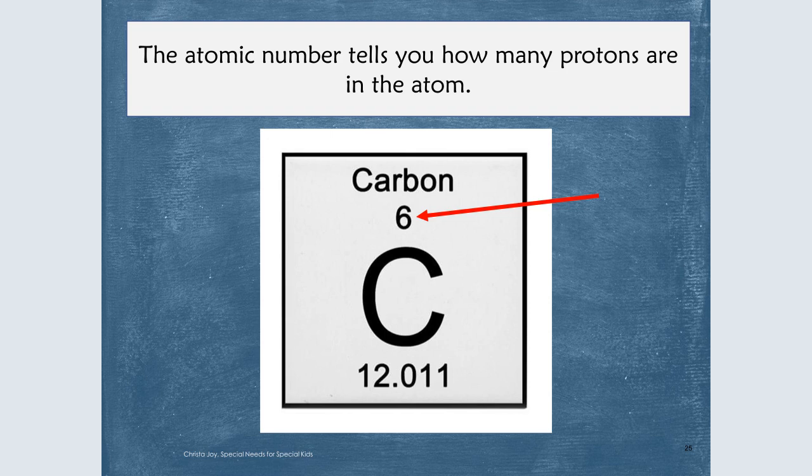This is the atomic mass. The smaller number is the atomic number. The atomic mass is the number of protons plus neutrons, so we subtract. It has 6 protons and 6 neutrons, which equals 12.